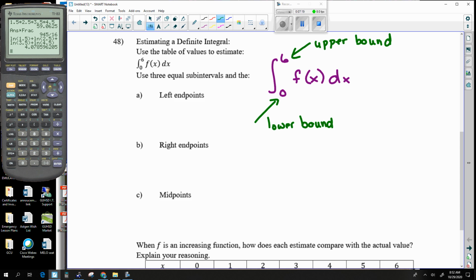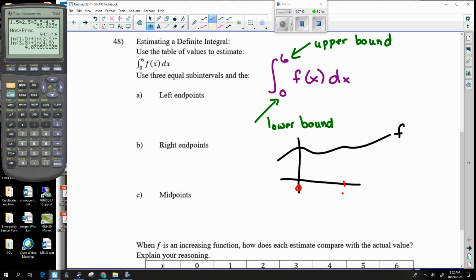And what an integral does is this. Let's say f does whatever. An integral is the area underneath a curve from the lower bound to the upper bound.